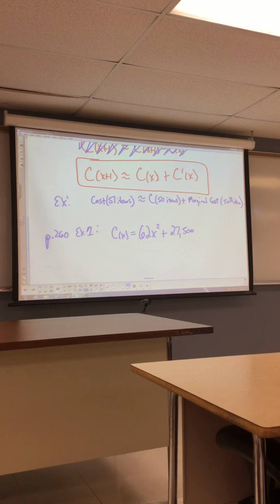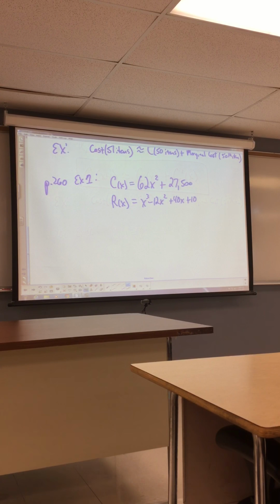And they also tell us we have a revenue function, R of x, that is equal to x cubed minus 12x squared plus 40x plus 10. So we're given those two functions.